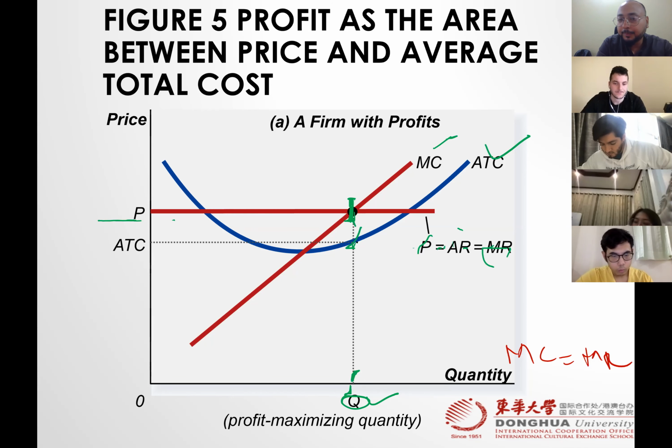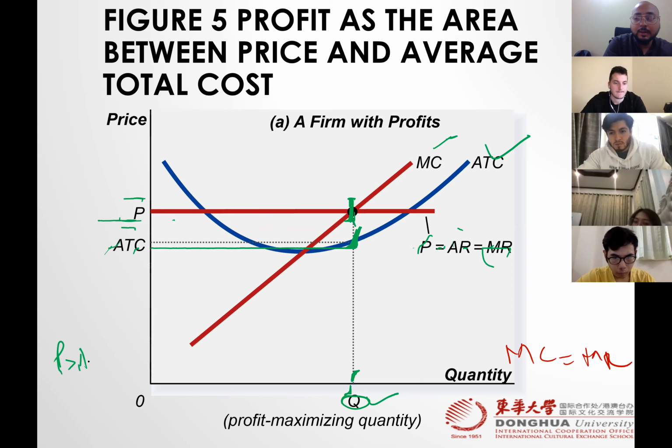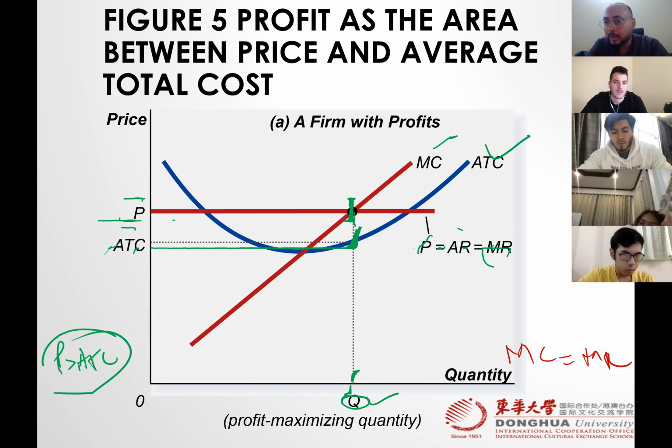Here. So this is the Q, right? So you see that price is greater than ATC. This is a profit condition, right?